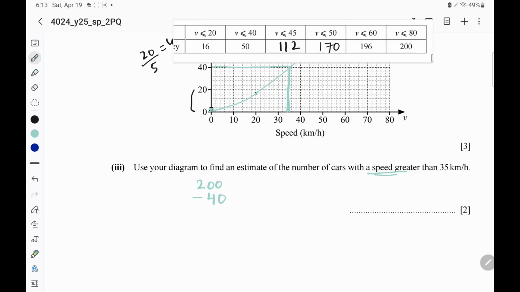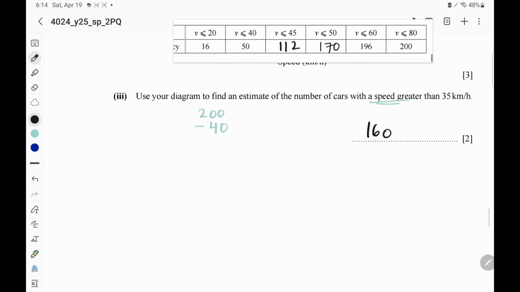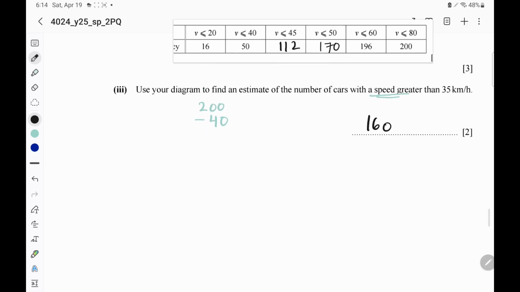And 200 minus 40 is 160. 160 is the answer. All right, so that is the number of cars.